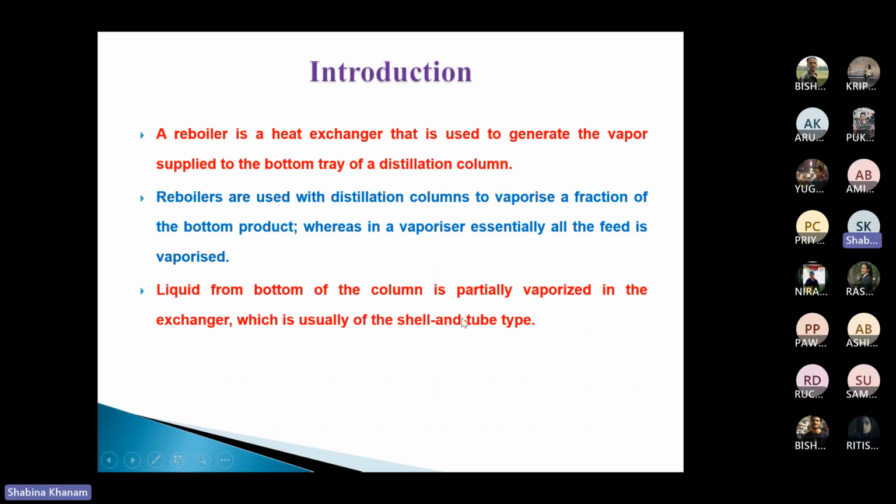Further, liquid from the bottom of the column is partially vaporized in an exchanger, which is usually of shell and tube type. So this is again a shell and tube heat exchanger, but with different phenomena. Heating medium is in most cases condensing steam.